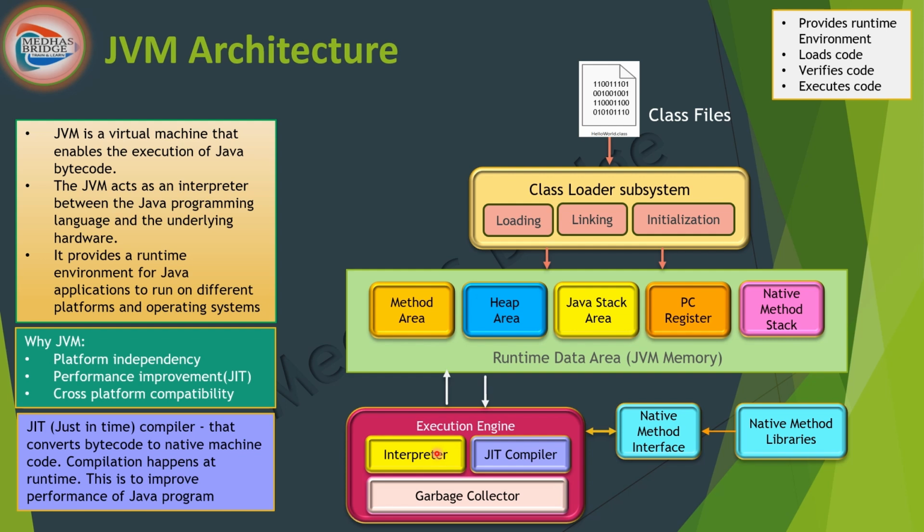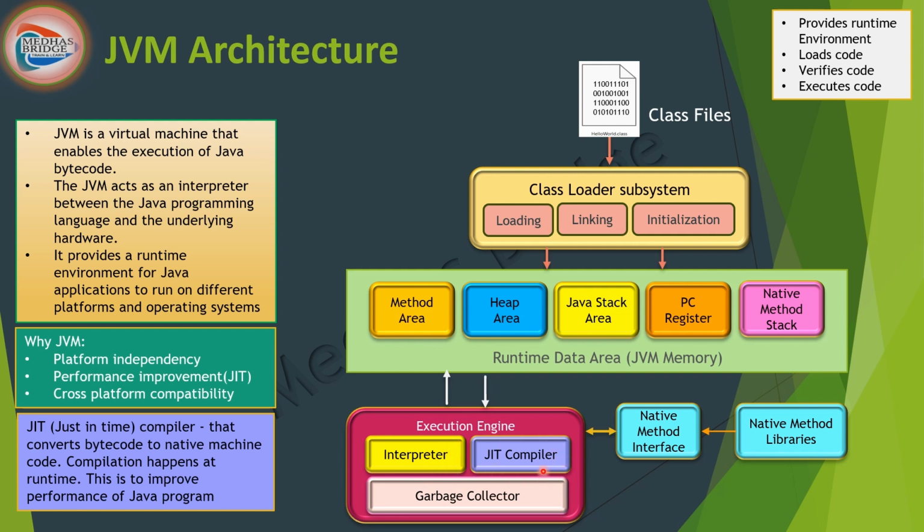It works like a mediator between your high level code and hardware, because the execution engine basically takes your code and enables it to run on the hardware. It is responsible for converting your bytecode into platform specific code, which is called machine code, and then running it, right?